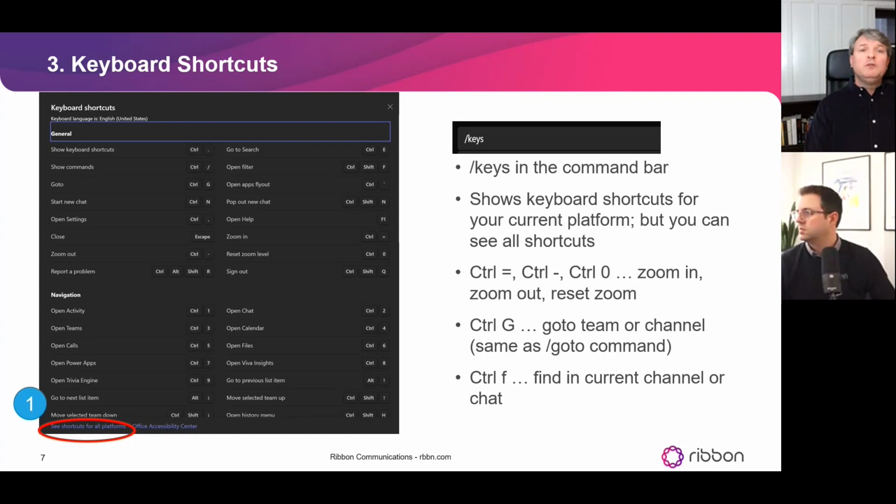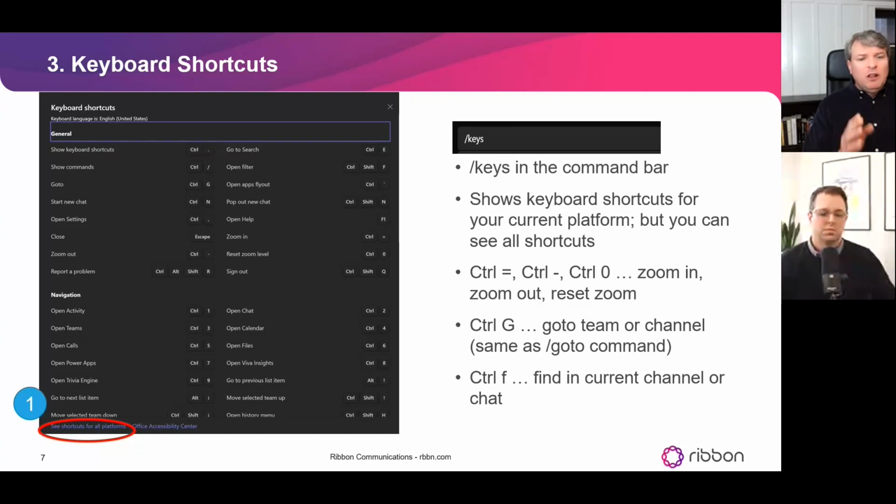We talked about the go-to command, but here it's even faster. If you just do Control G, that immediately lets you type in the name of the team or channel, and you can go to that. We're going to talk about searching in more detail, but Control F lets you directly type in to find something in the current channel or chat.